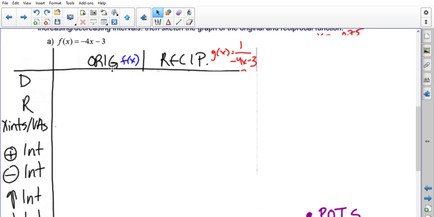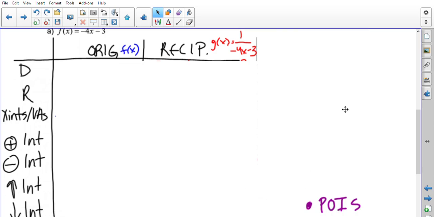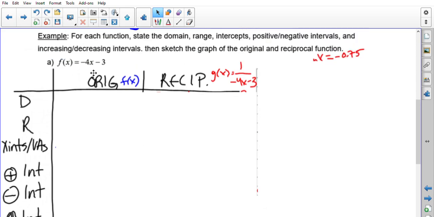Our original graph is f of x equals -4x minus 3. When we draw that, we know it is going to be a line that goes through a y-intercept of -3 and has a slope of -4 over 1.